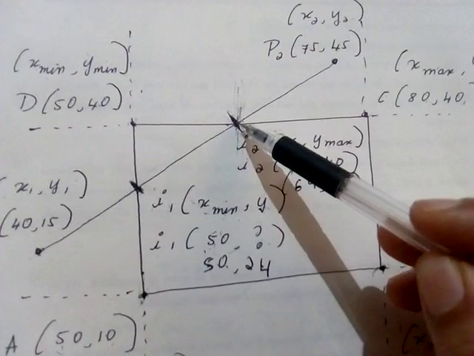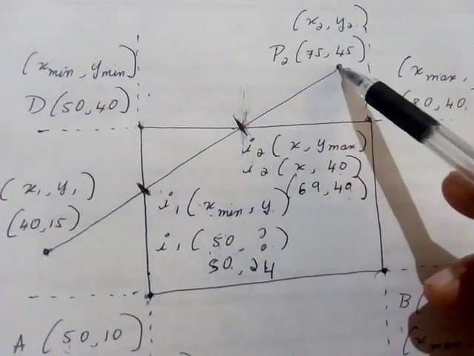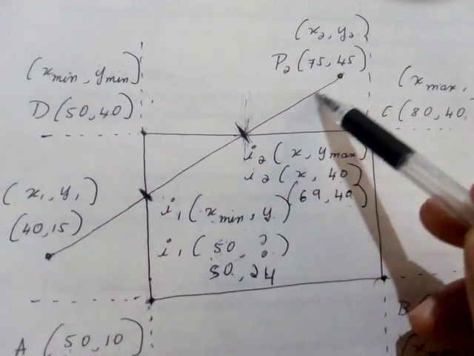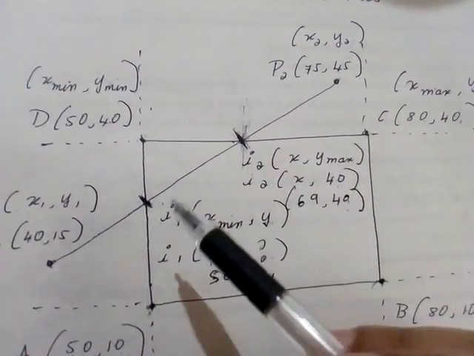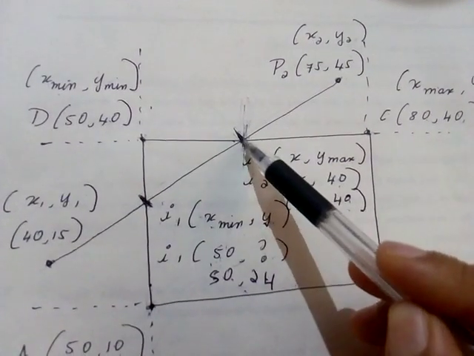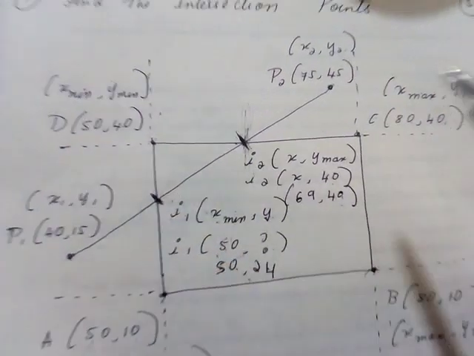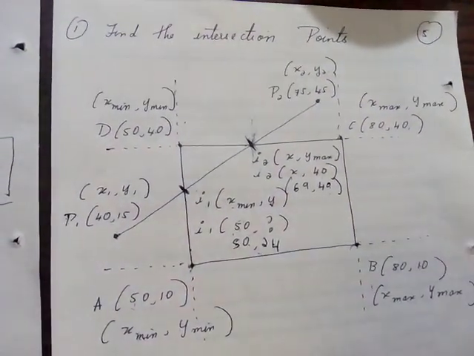And the part from 69,40 up to 75,45 should be clipped. So what remains is the line from 50,24 to 69,40, and only this will be displayed in the window. So this is how you calculate the intersection points.